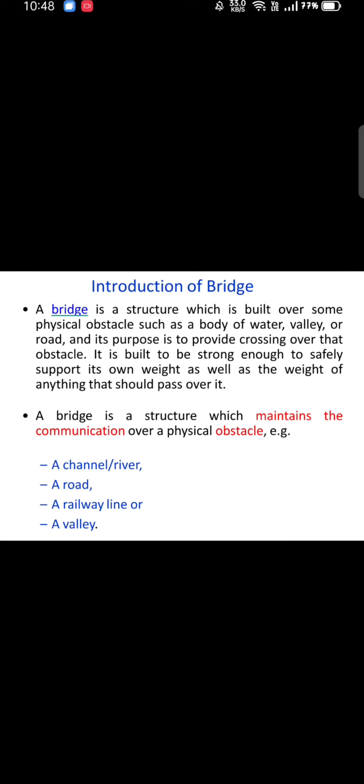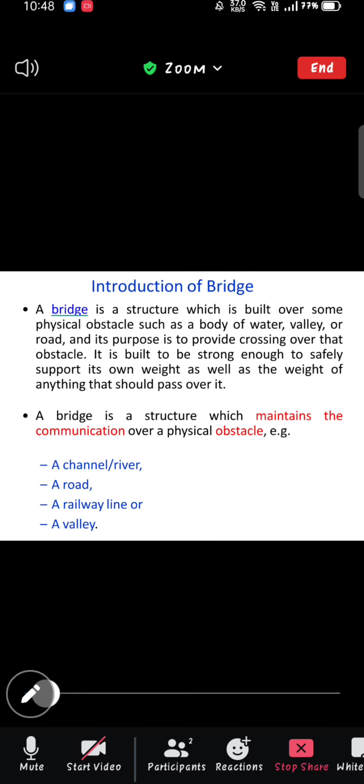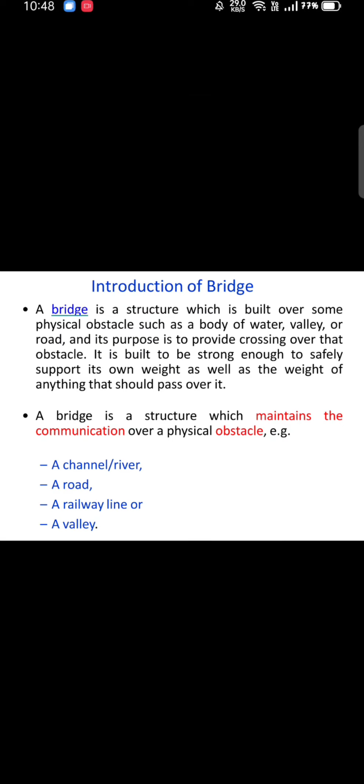A bridge is a structure which is built over some physical obstacle, such as a body of water, valley, or road, and its whole and sole purpose is to cross over that physical obstacle. The idea of the bridge came from olden days, when people used to travel from one place to another, crossing over various obstacles.